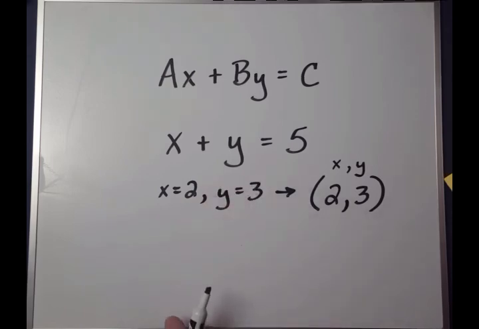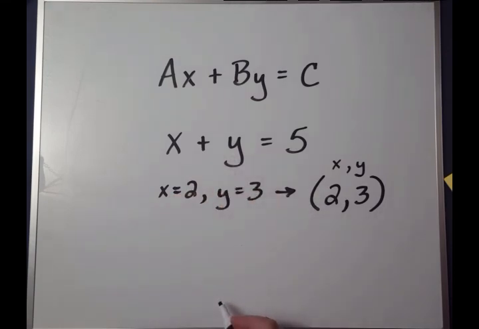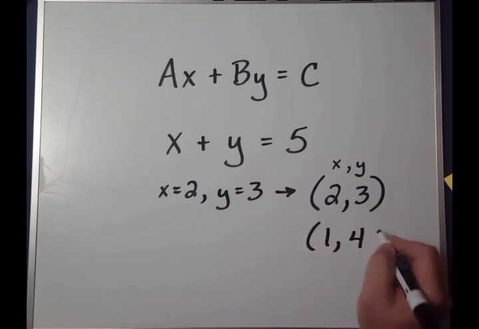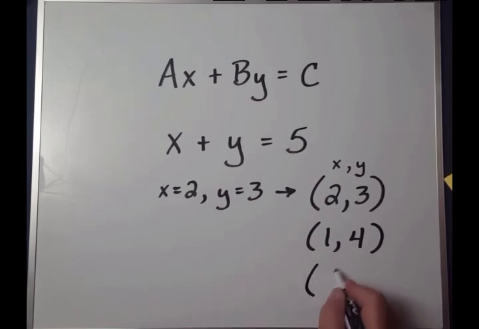Now, the thing about these equations that we don't see in our equations in one variable, these have more than one solution. The ordered pair 1, 4 is also a solution to that equation. Plug in 1 for x and 4 for y. The ordered pair 5, 0 is also a solution.